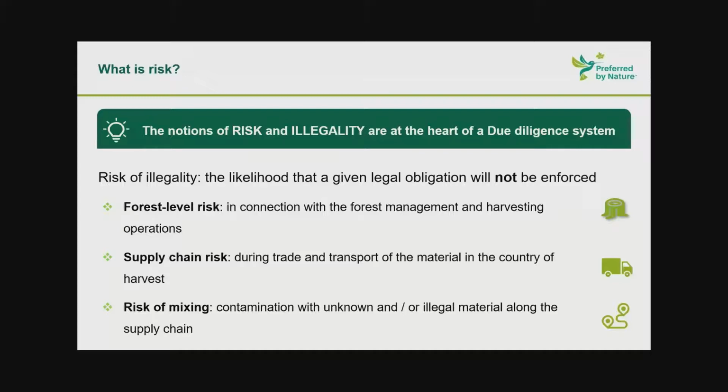Supply chain risks cover everything from the forest to when you get the material: are there legal obligations that are broken, violated, enforced or neglected? And then risk of mixing, contamination, is very important because you can do due diligence on maybe one wood species and then find you have two more in your product that you didn't know about, rendering your first assessment invalid or incomplete.